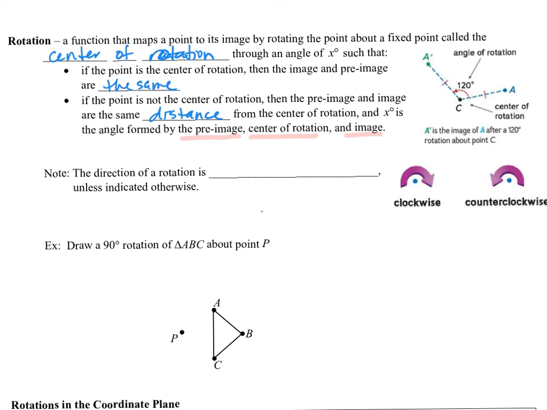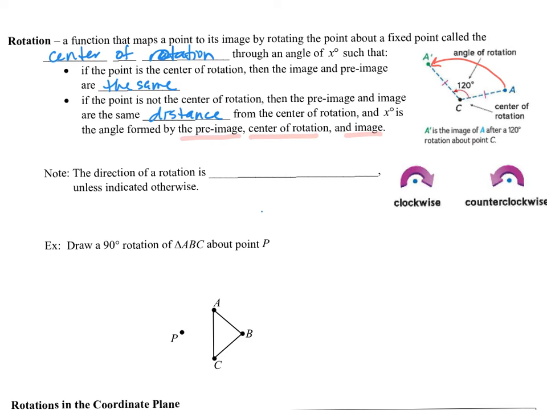Okay, so we're looking at point A. A prime is the image of pre-image point A after a 120 degree rotation about point C. So we've taken A, and we have rotated it from A to A prime. Okay, now let's look at the definition. If the point is not the center of rotation, then the pre-image and the image are the same distance from the center of rotation. So here's our center of rotation. You can see that the pre-image point and the image point, see these tick marks?